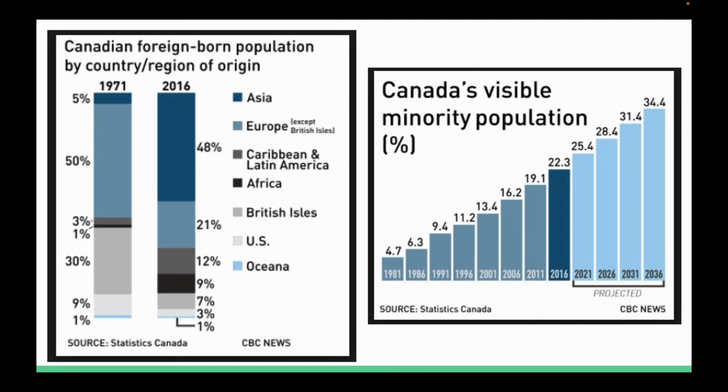In 1971, 5% of our population was of Asian descent. In 2016, we had 48%. Europeans, except for the British Isles, accounted in 1971 for 50% of our Canadian foreign-born population, and in 2016, 21%. So you can see a wide range of diversity taking place here in Canada.